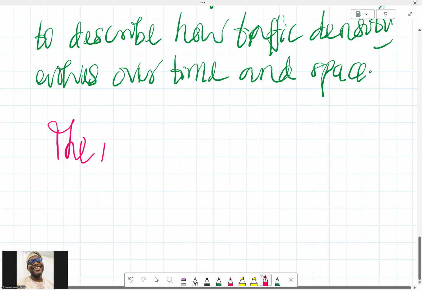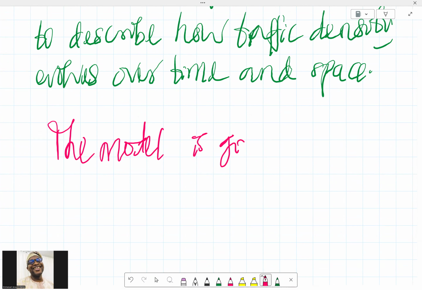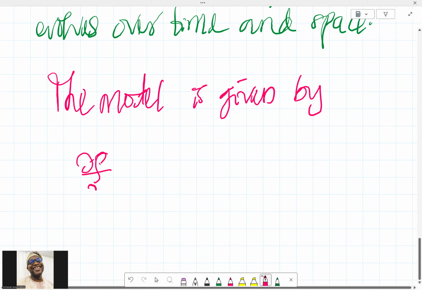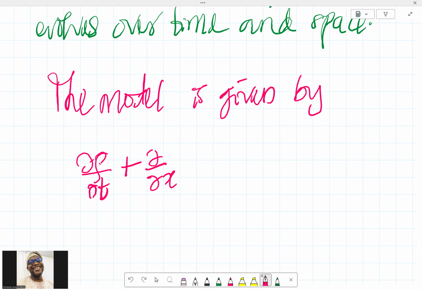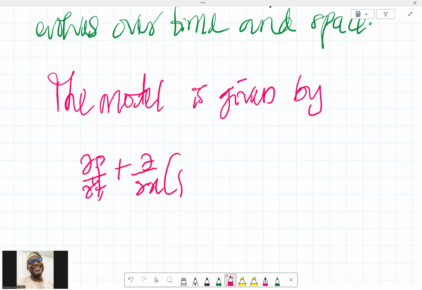The model is given by partial rho partial t plus partial x of rho v of rho equals 0.